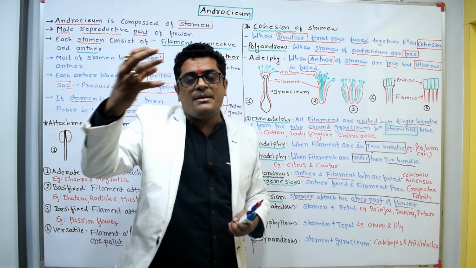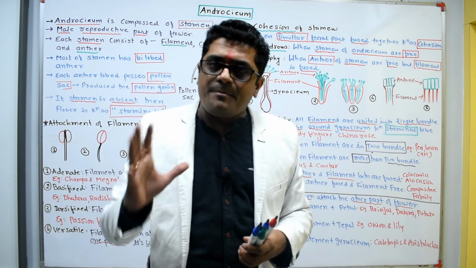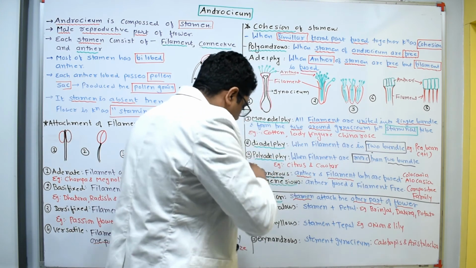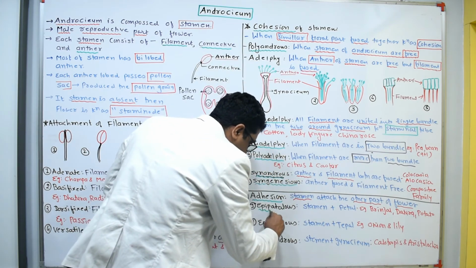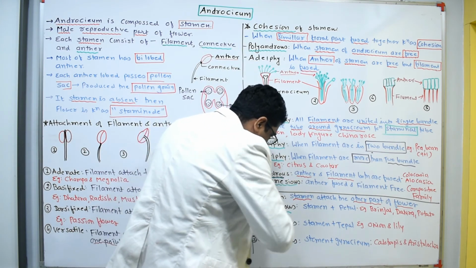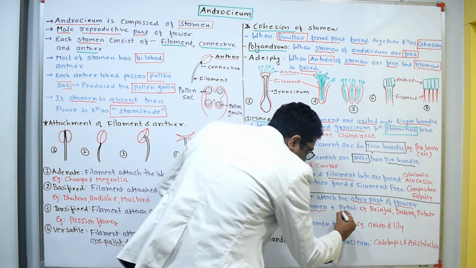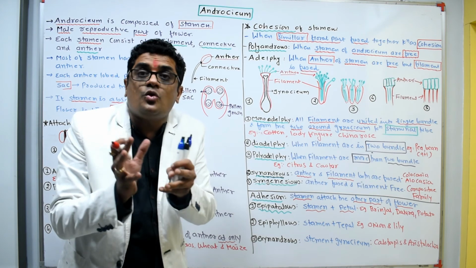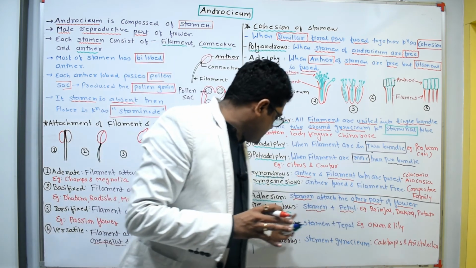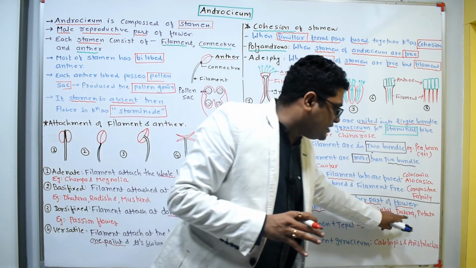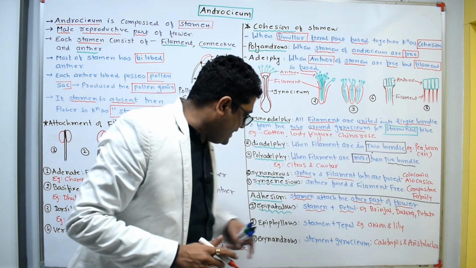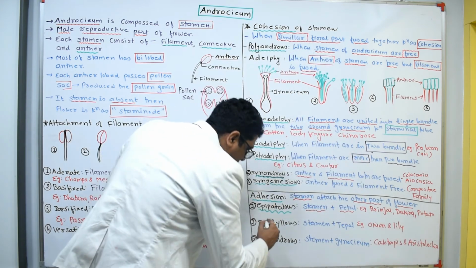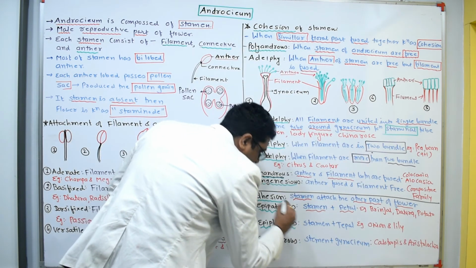Then epiphyllous, बेटा क्या है, epiphyllous, where the stamens are fused with the tepals. Tepal मतलब बेटा corolla and calyx fused, that is called the tepal. तो tepal के साथ stamen भी fused है, तो 3 पार्ट fused, stamen, corolla and calyx, that is known as the epiphyllous. किसमें होगा बेटा, onion and lily.